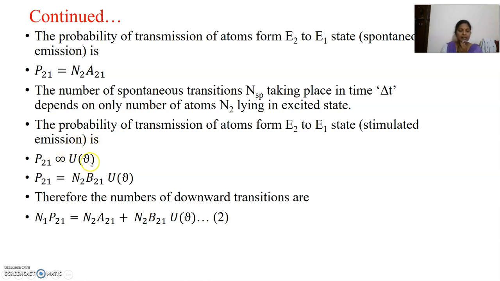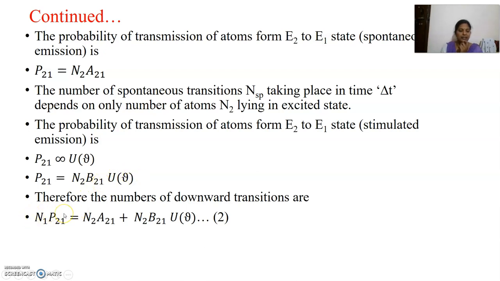In the case of stimulated emission, the atom is coming from the excited to the ground state by absorbing some external photon energy. So it directly depends upon U of nu and the number of atoms in the excited state N2. So P21 is equal to N2 B21 U of nu here.